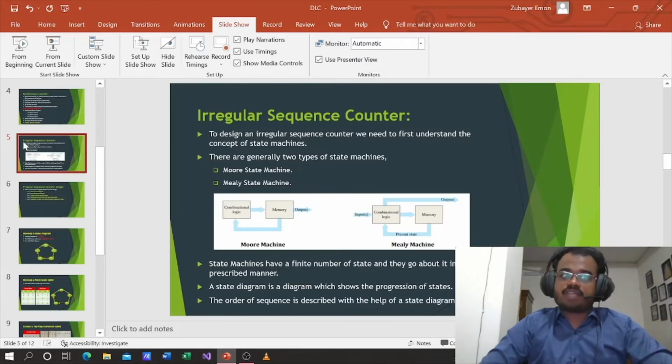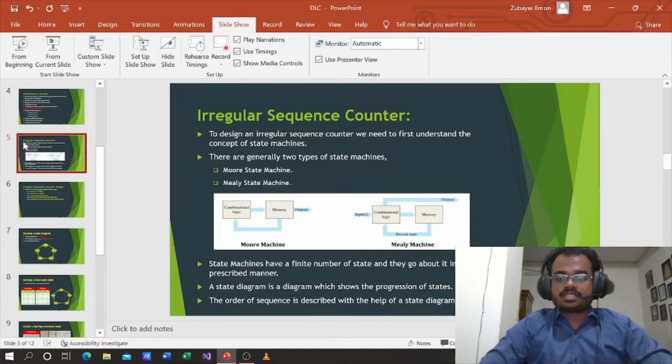The state diagram for the Mealy machine has the output associated with the transition between states, as shown in the state diagram. The input goes to the combinational logic, then to the memory, and then the memory becomes the present state going to the combinational logic, and the combinational logic gives the output.